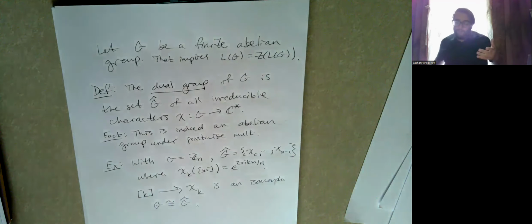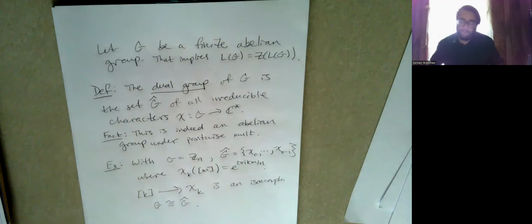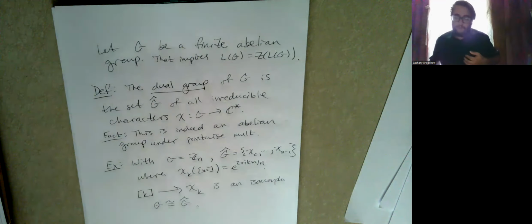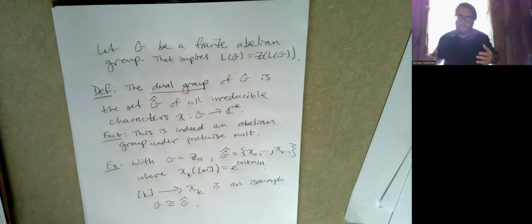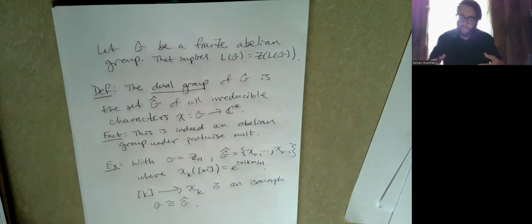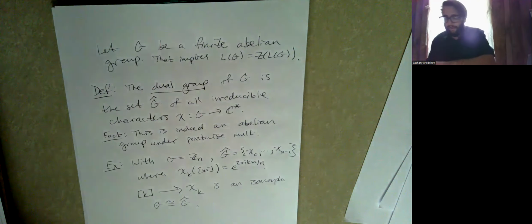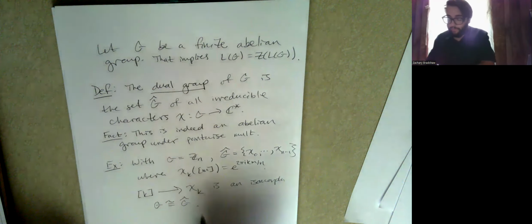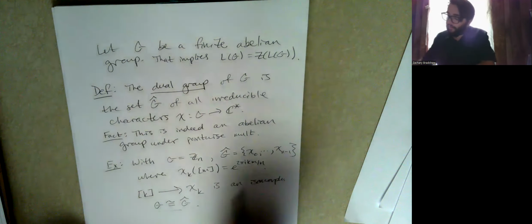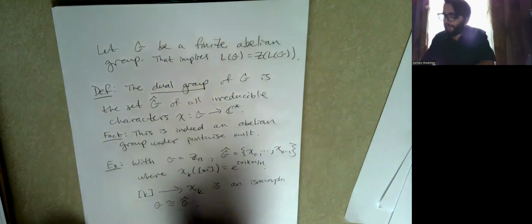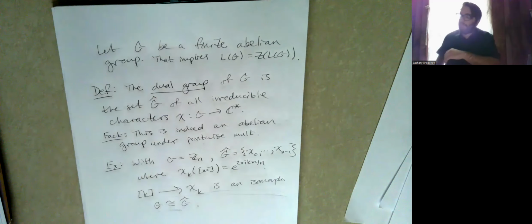And it actually turns out that this is always the case for a finite abelian group. So every finite abelian group is a direct product of cyclic groups. And from that fact, it follows that this will always hold because of the fact that it holds here for the cyclic group.